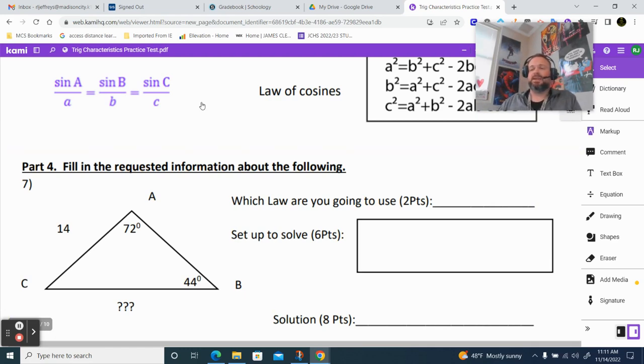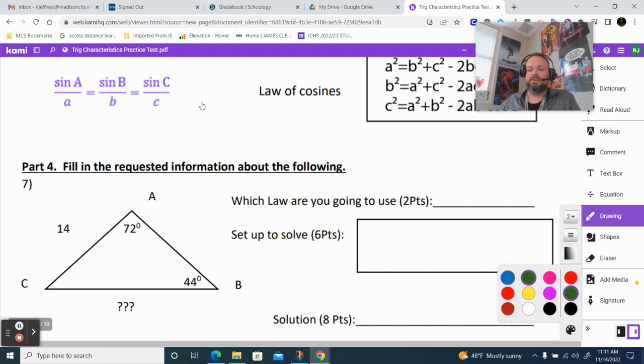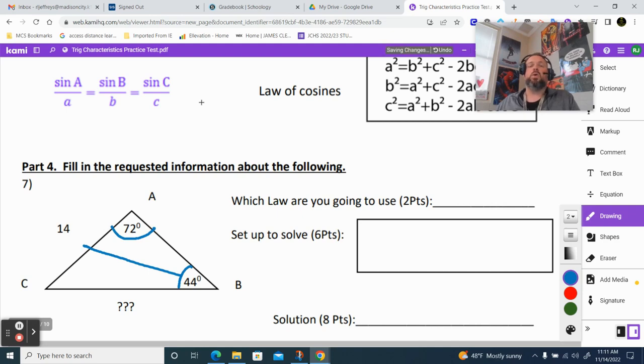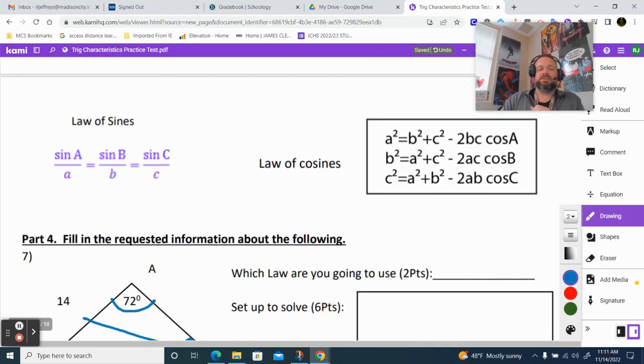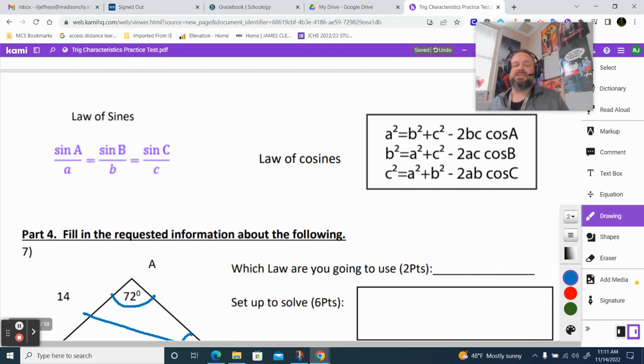I am given this angle and this side. I'm given this angle, but I need this side. Which one of these laws helps us find a side when we're given angles and sides like this? Is it law of sines or law of cosines?